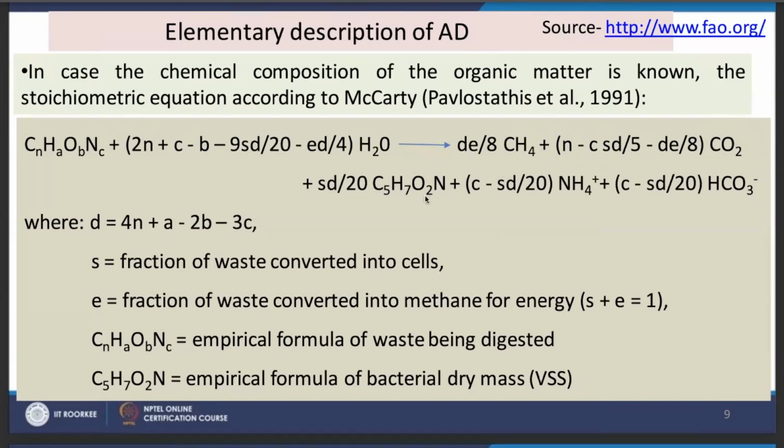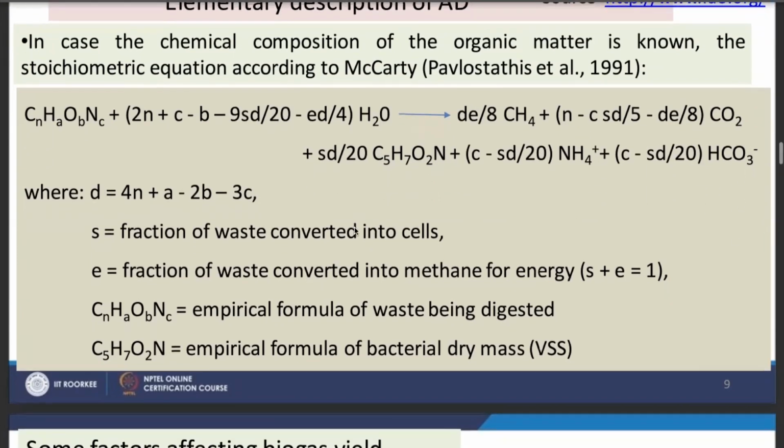And why are we talking about biomass here? Because the microbes are already present in the reaction, right? So they will also have some mass, and they will be on the product side. This is the ammonium and this is the bicarbonate, right? So as you can see, these n, a, b, c depend upon the type of raw material you have, and what the constituents of that raw material are.